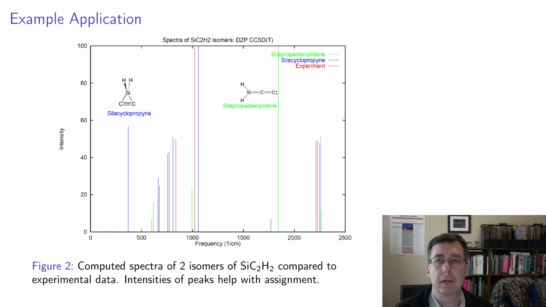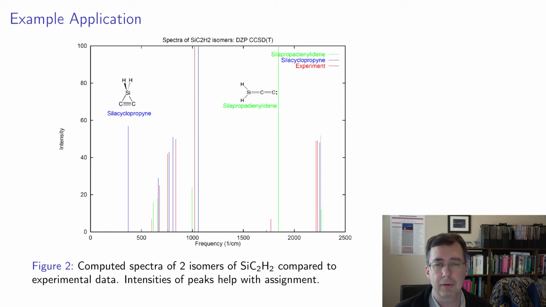Now, let me give an example of computing vibrational spectra and how that can be useful. Here I'm showing something I worked on when I was a graduate student. Some isomer of SiC2H2 was detected, and it wasn't clear which isomer was detected.